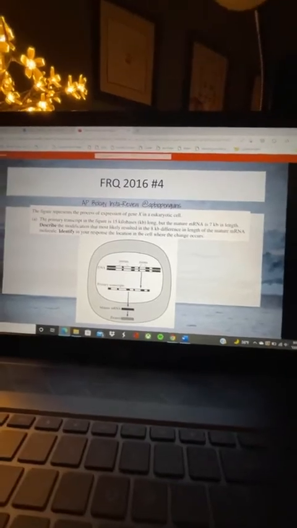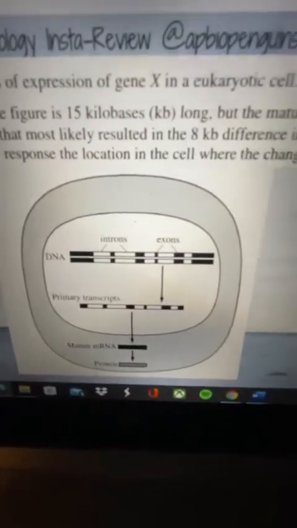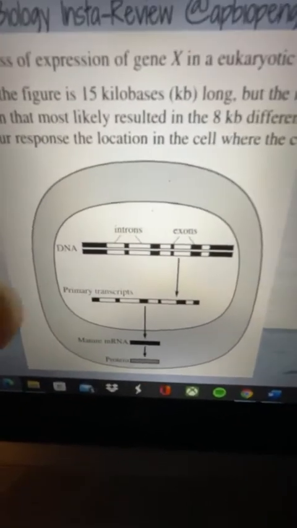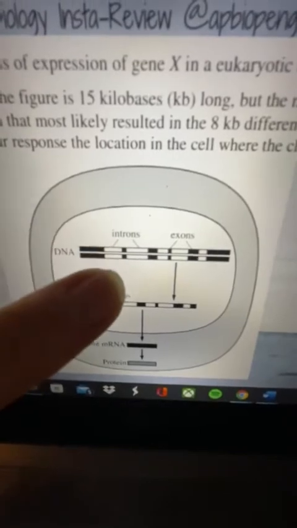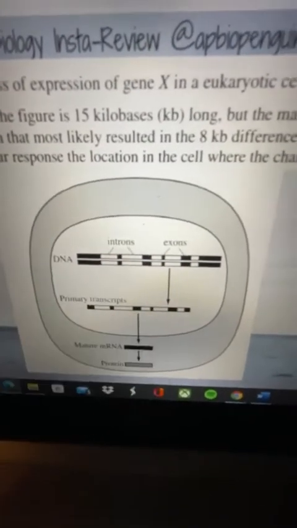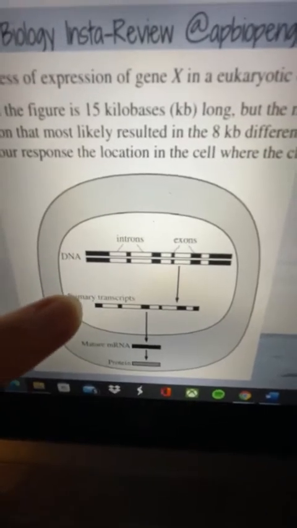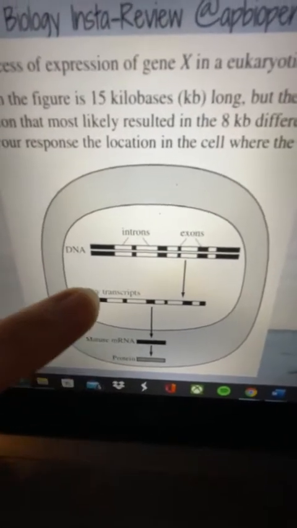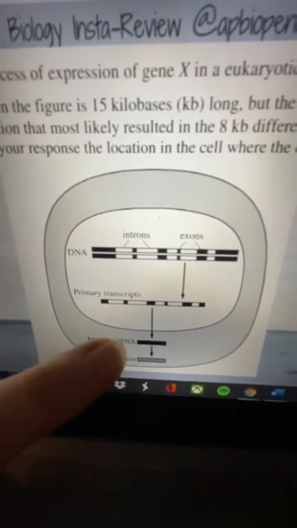It's important that we know how to apply pictures. So let's assume you know nothing at all. If you look at this picture, you can see that the white stuff is introns, and the black, or shaded, part is exons. You notice that from the primary transcript, which is 15, to our mature mRNA, I go from having white spaces to no white spaces.